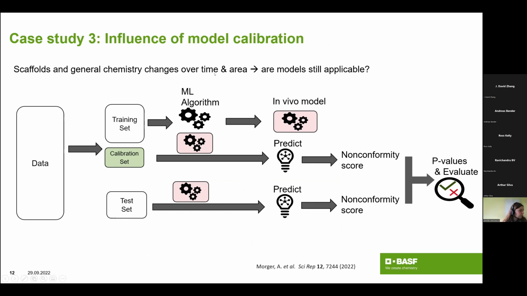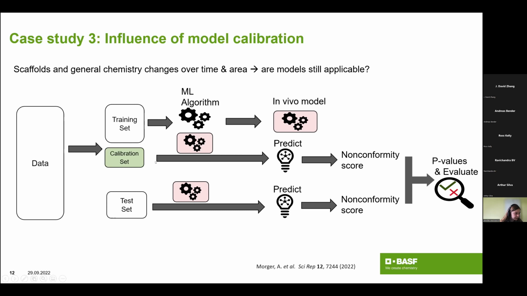So if we are changing the chemistry over time, can we still apply our models? Now, if you have never heard about conformal prediction, I want to give you a very, very short primer, but I'm not going to go into all the details. The difference between conformal prediction and normal prediction models is that we do not only have a training set, but during training we also use a calibration set.